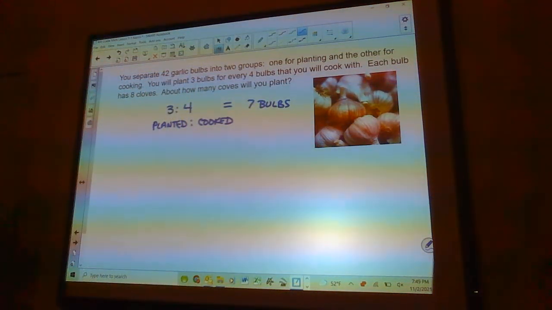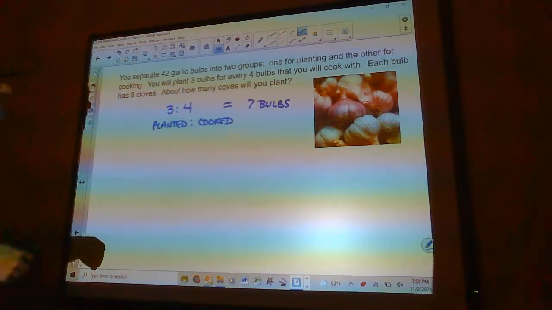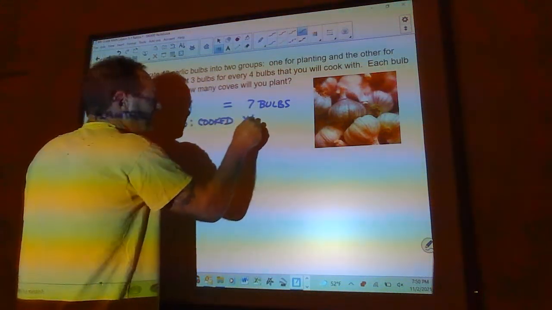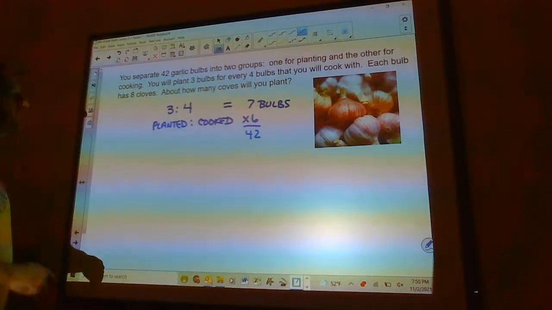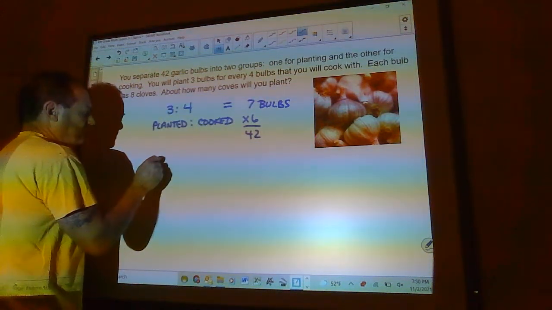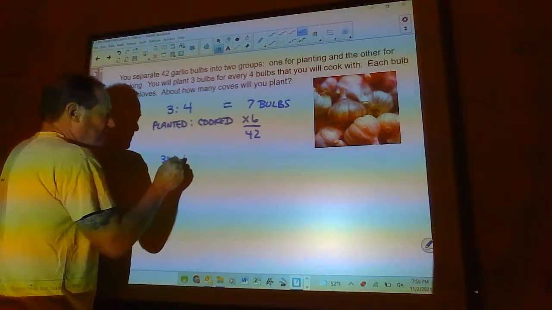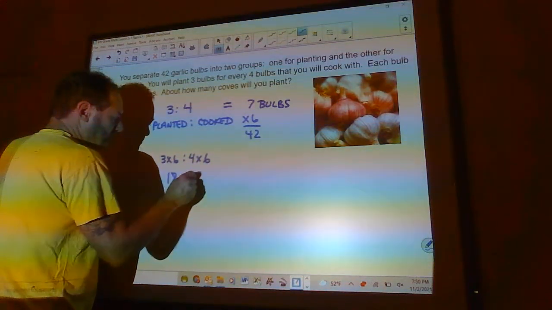I have a total of 42, and 7 times 6 is 42. So I'm going to multiply each one of these by 6. It's going to be 3 times 6 to 4 times 6, or 18 to 24.